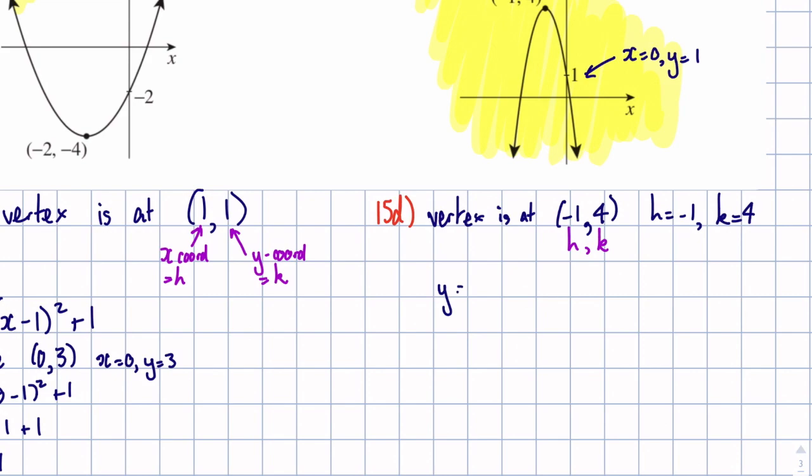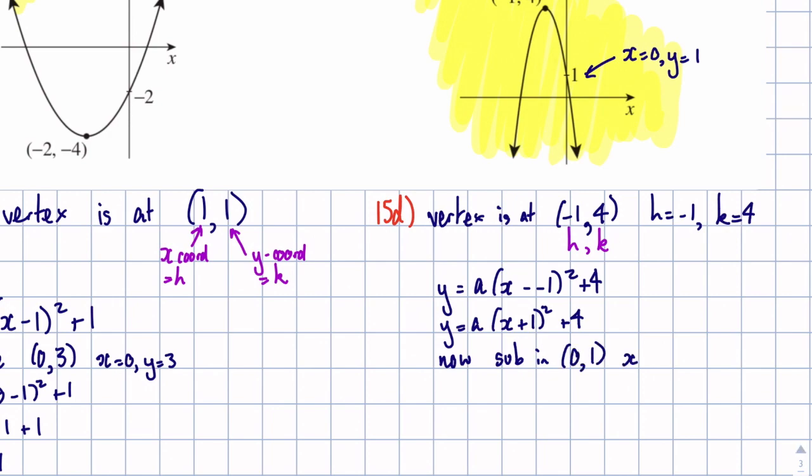So we can start off by subbing in our vertex, our h and k, so y equals a outside of x take negative 1 squared plus 4. So y equals a out the front of x plus 1 squared plus 4. Now sub in the point 0, 1, where x equals 0, y equals 1.